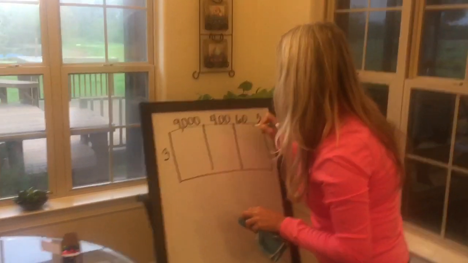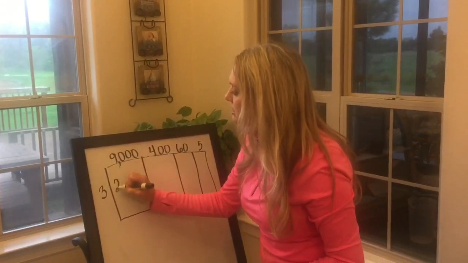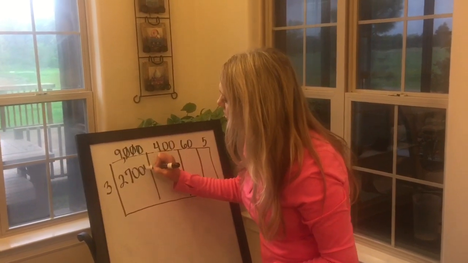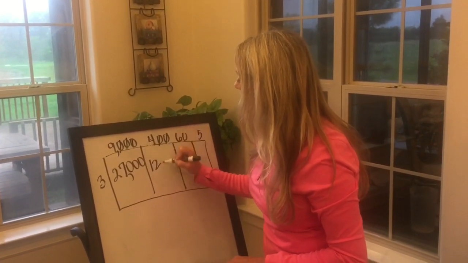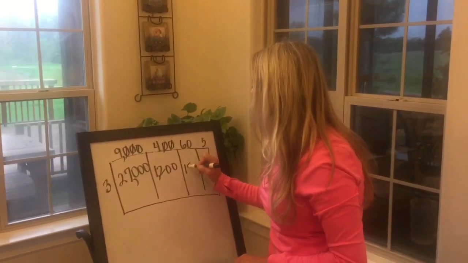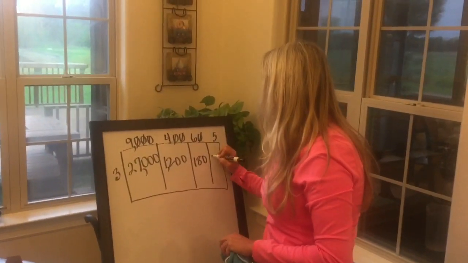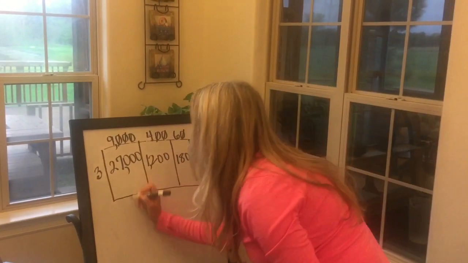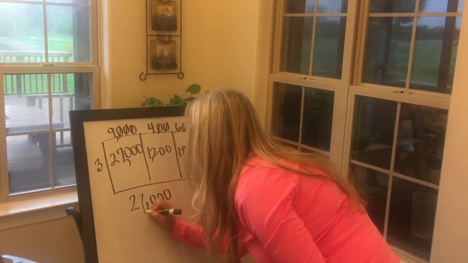So if you wanted to get fancy and a little advanced today, 3 times 9 is 27. Count your zeros. 3 times 4 is 12. Slash your zeros. 3 times 6 is 18. Slash your 0. And then 3 times 5 is 15. So, line up your numbers.